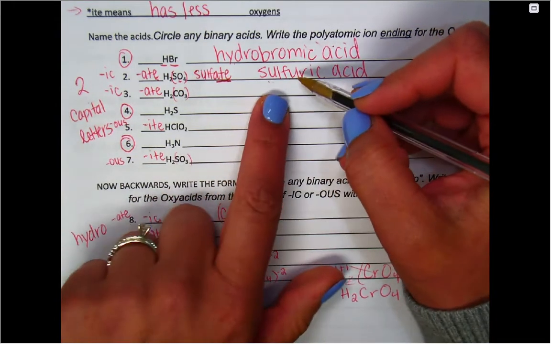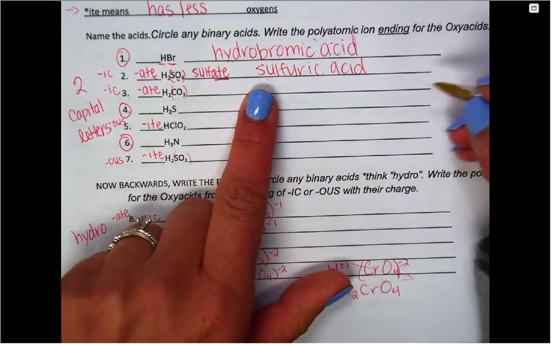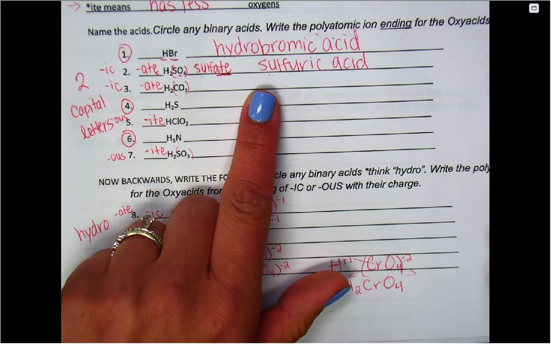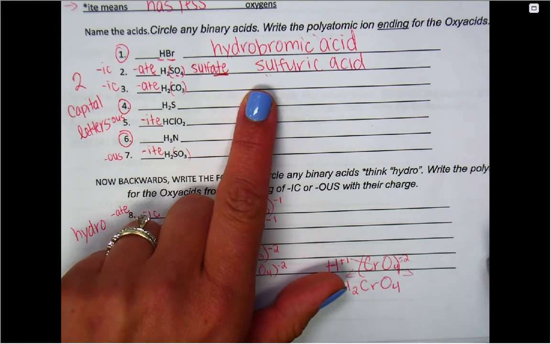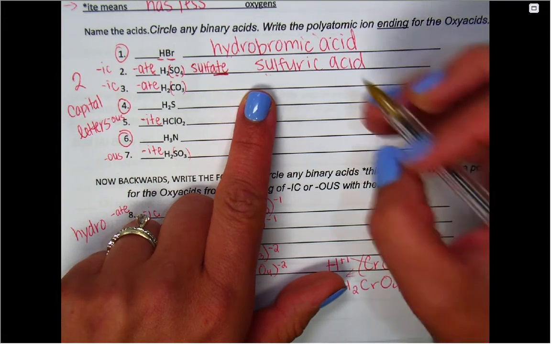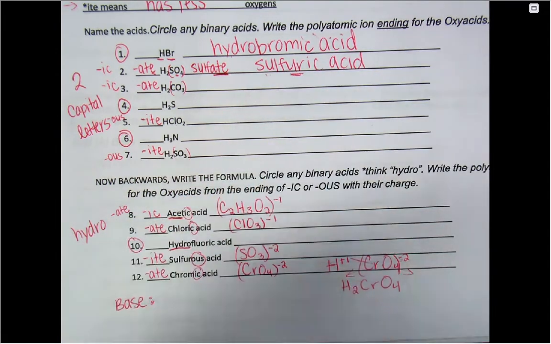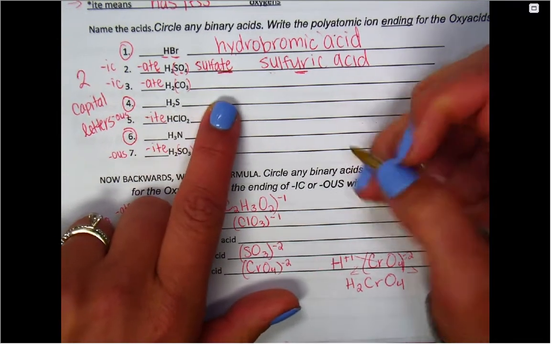So you had something like sulfic acid, right? And that's okay because it was sulfate, so you would think just take out the ate and add IC. But there's a couple weirdos out there that you have to add the extra letters. I'm not going to count off for that. So as long as you're following the rules, you're fine. But just so you know, there are a few that are kind of weird. So just write them down for today.